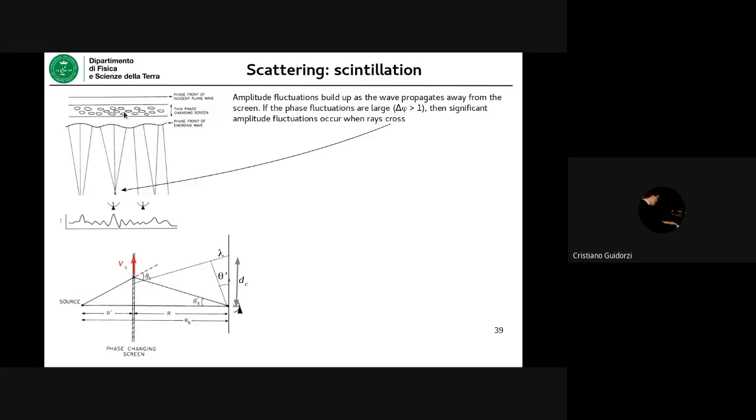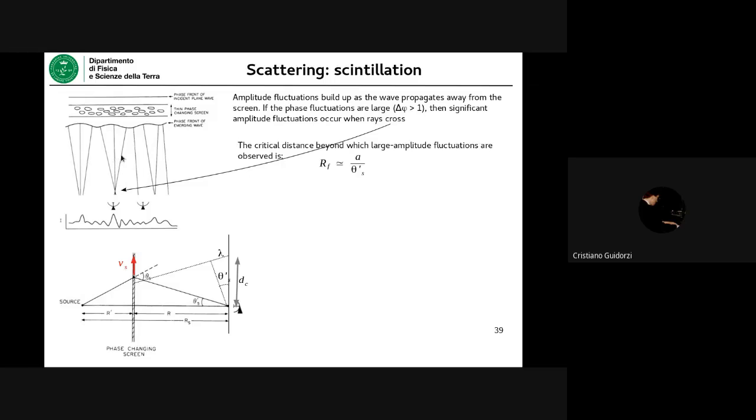And the minimum size in the screen is just the size of one single blob. That's the only possibility, that you have two different rays with a difference in angle comparable with theta s. So if you consider ideally a small triangle with a base of length a and an angle theta s, you can immediately calculate what we can call a critical distance, which I call RF. Well, RF is this distance here.